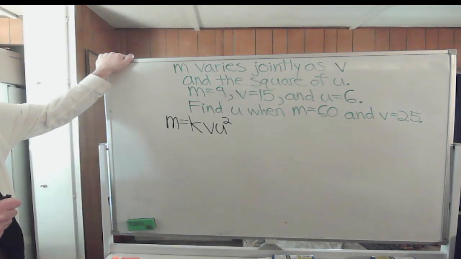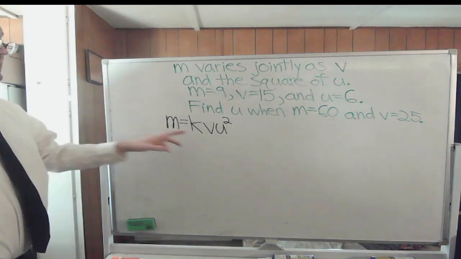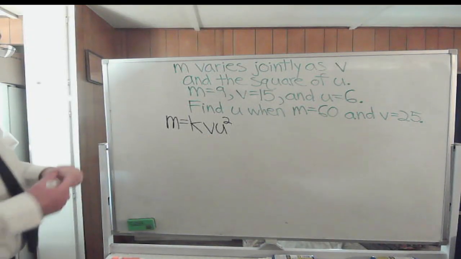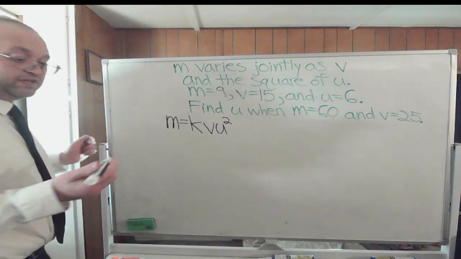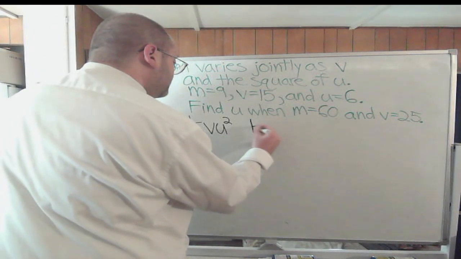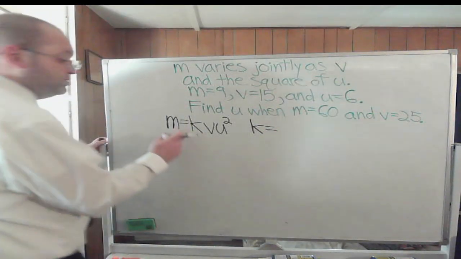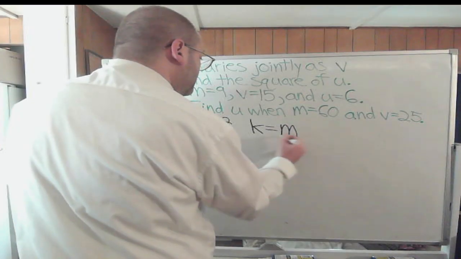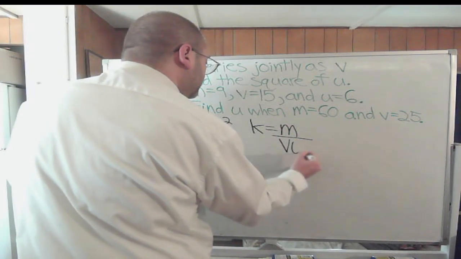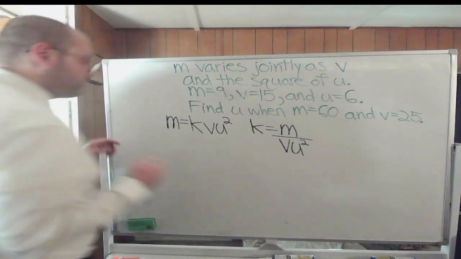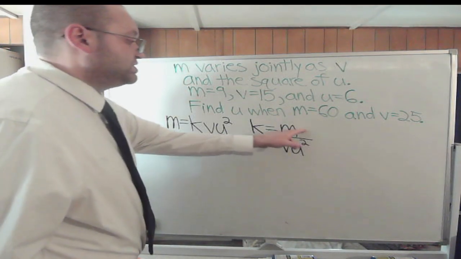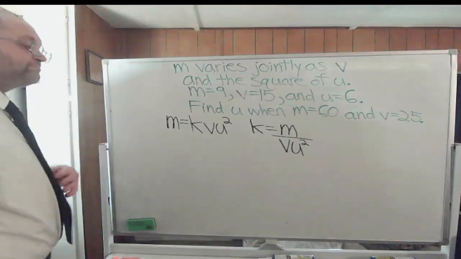In order to get that constant of variation by itself, you got to divide both sides by vu squared. You divide the right side by vu squared, you just get k by itself. Now you divide the left side by vu squared, k will equal m over vu squared. So that's the equation for your constant of variation, k equals m over vu squared.